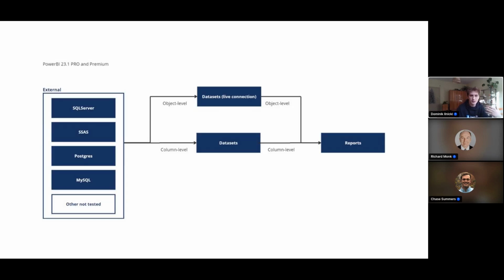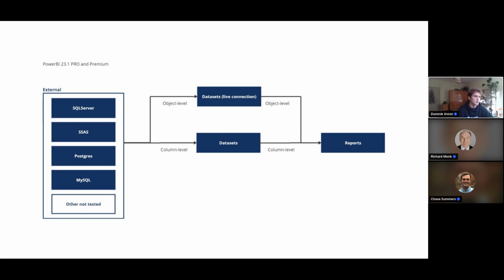This is the state of Power BI connector lineage for now. So when I'm talking, the last stable release of Dataedo is 23.1.1, and there is no difference between Power BI Pro or Premium Workspace for us from the metadata extraction perspective. So it doesn't matter if you have Pro or Premium.